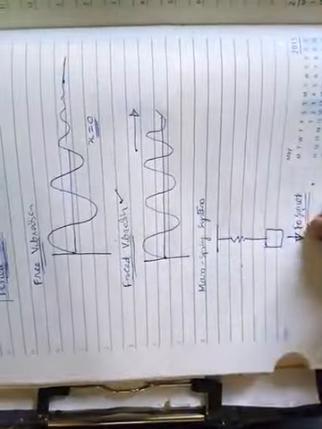When it is subjected to the external force, that is F0 sin omega t, the forces on this mass are the forcing function, F0 sin omega t, and to resist this force there is a spring force.